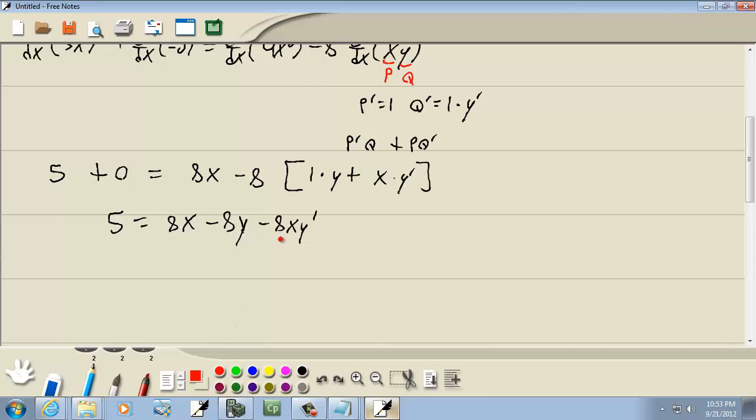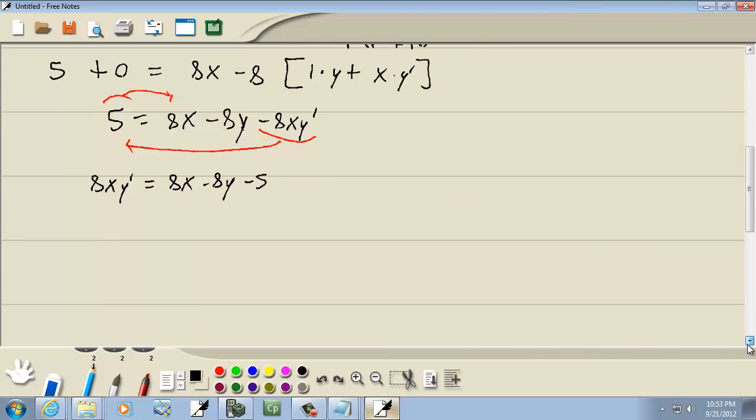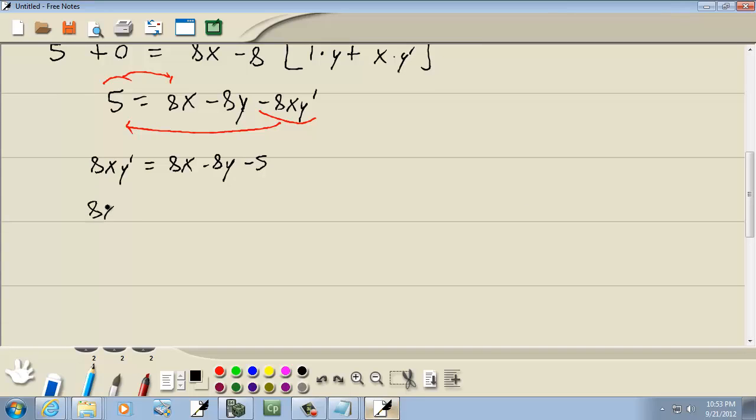Now we're solving for y prime, so we want to get everything with y prime on one side, everything else on the other. I take negative 8x y prime to the left side, becomes a positive 8x y prime. And take the 5 over to the right side, becomes a negative 5. Well, last step, divide both sides by what's in front of our y prime, which is 8x.